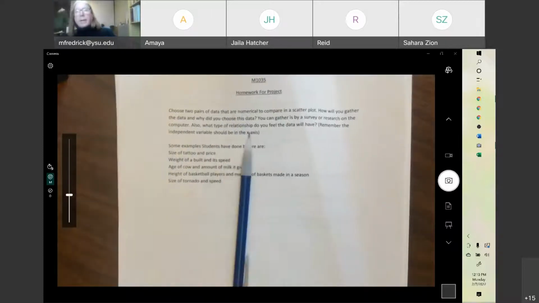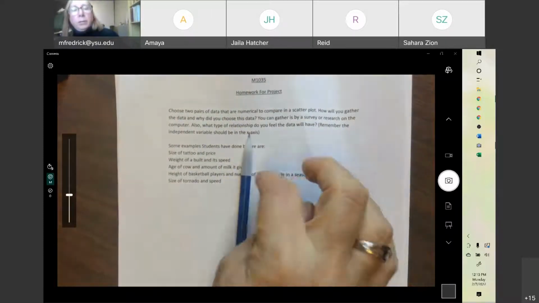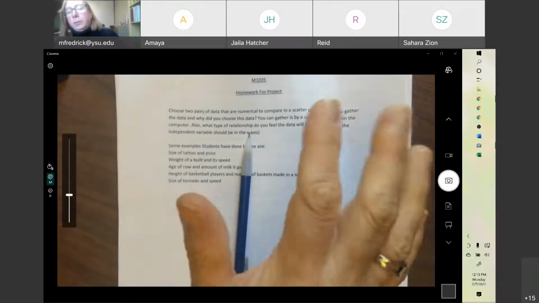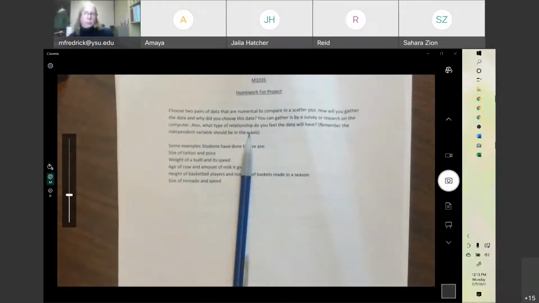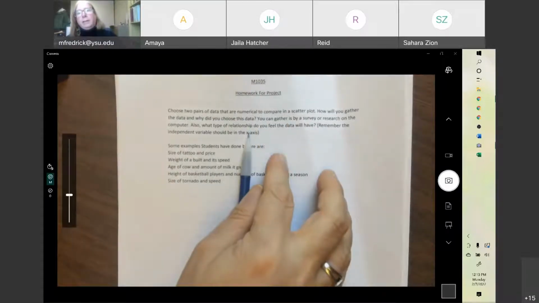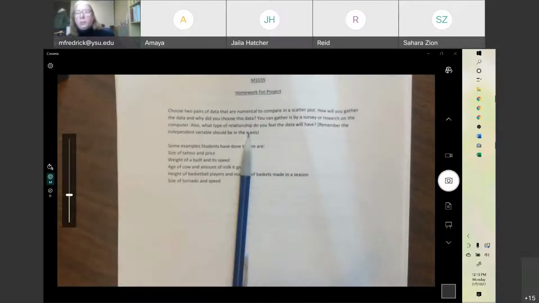So you pick your data and then answer these couple questions and just a short paragraph. That way I can make sure it works, or if I think it won't work, but that way I know you're thinking about it and getting that start on it. Now, sometimes what you think you're going to gather and then you try and gather it, it doesn't work like you thought it would. If you change it, it's fine.